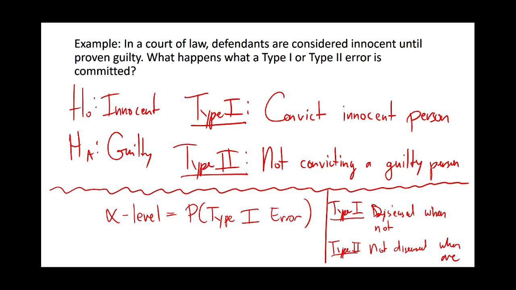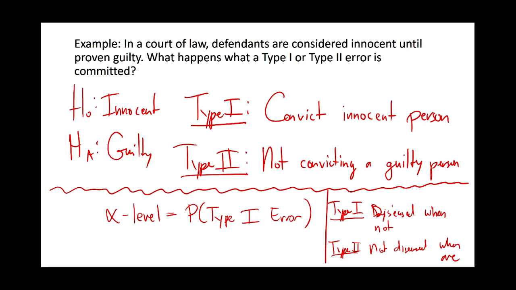But what happens is you can make errors. And again, this might look a little different than what we talked about yesterday. This is my 150 section notes. But the idea is these types of errors work against each other. So you can't lower one without raising the other. So you can't convict innocent people less often without not convicting guilty people more often.